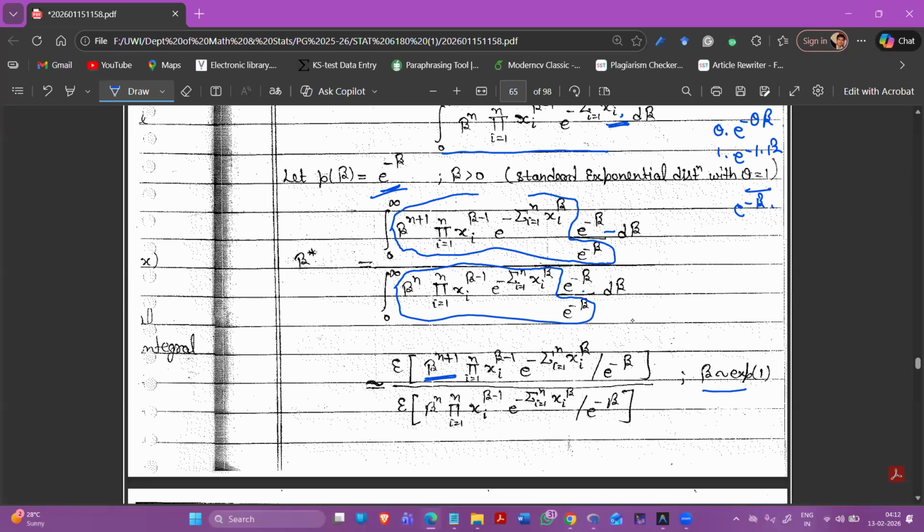I have only 20 x. X is my experimental observation that is given to me. I am doing a simulation study, so I am generating 20 values. Otherwise, it is given. Now I need to generate the beta again and again from the exponential distribution, and keep that value in this complete expression.